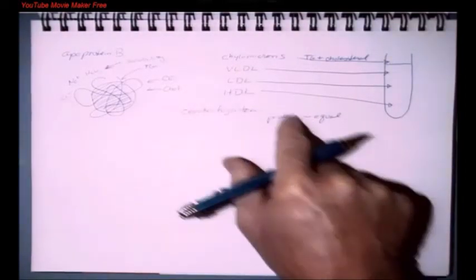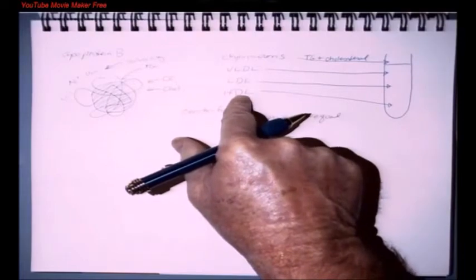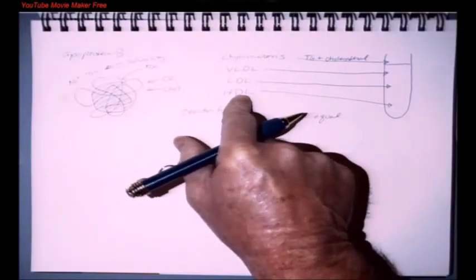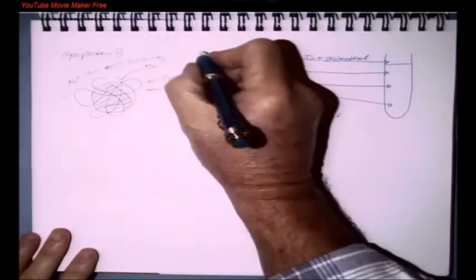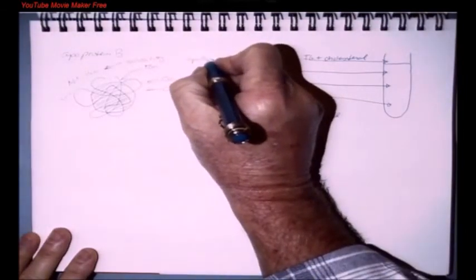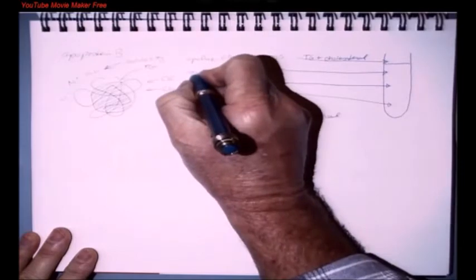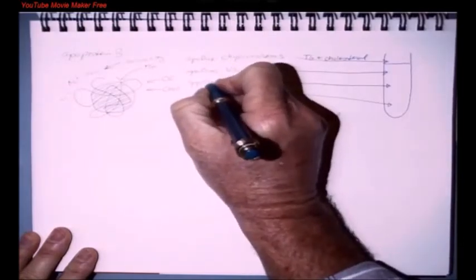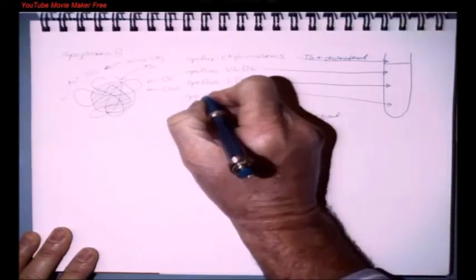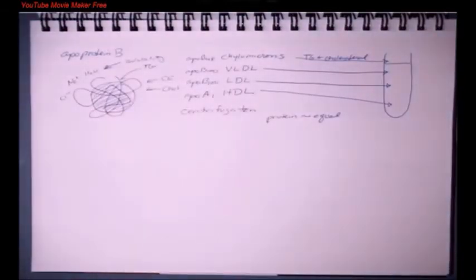And so the protein concentration in each of these lipoproteins should be about the same, because they should all have a particular lipoprotein. This one is ApoB48. This is ApoB100. This, of course, is derived from VLDL, so it's also ApoB100. This one is ApoA1. And all these are our designations of the core protein that's supporting the skeleton structure.